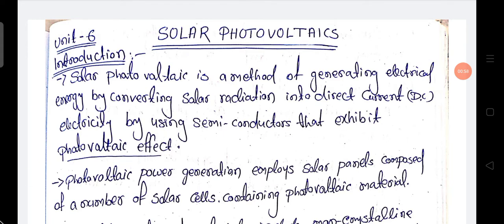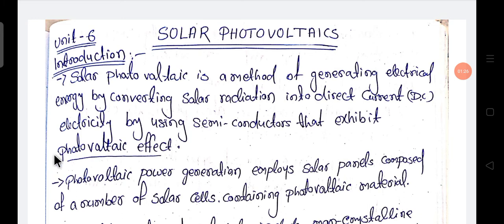Okay, here what do you mean by solar photovoltaic? It is a process in which we convert solar radiation into direct current DC electricity by using a semiconductor which has the property of the photovoltaic effect.